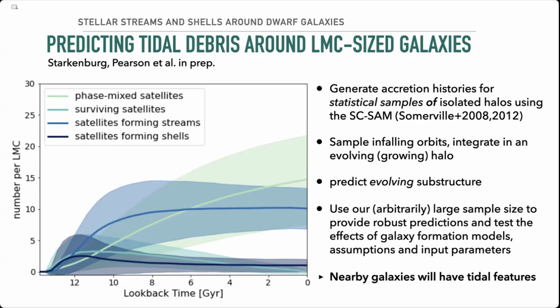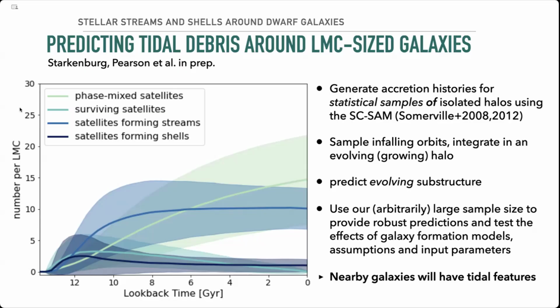For the question about Milky Way sized halos, I think the key thing there is that if you have a similar spectrum of infall masses, you would expect a similar number of shells, except that the stellar masses of those objects are higher. And so you're much more likely to see shells.